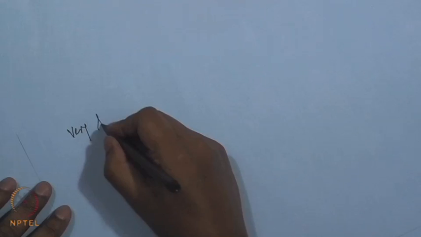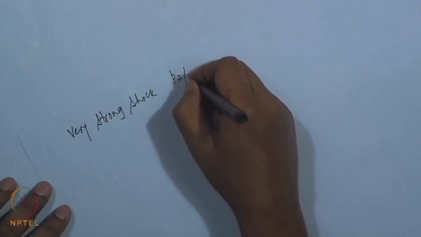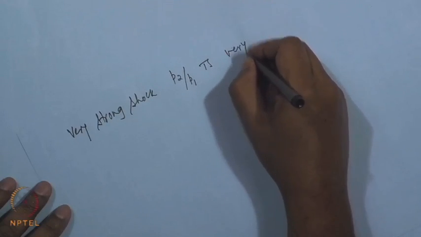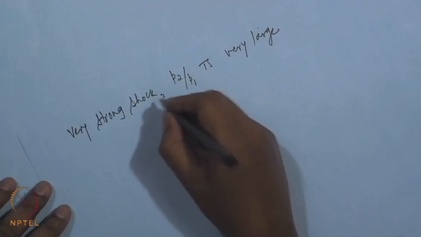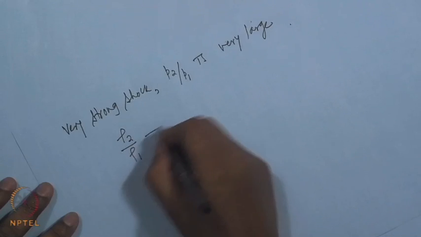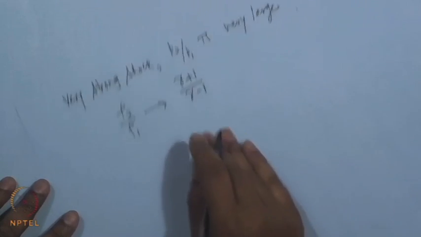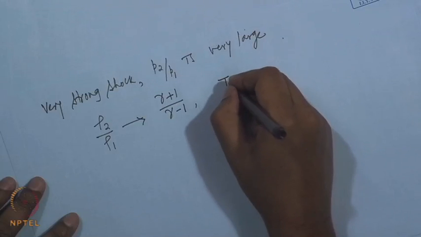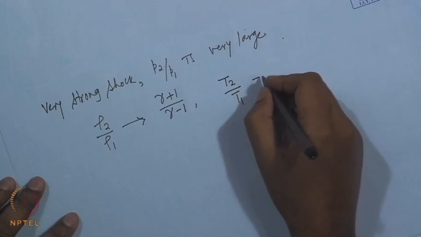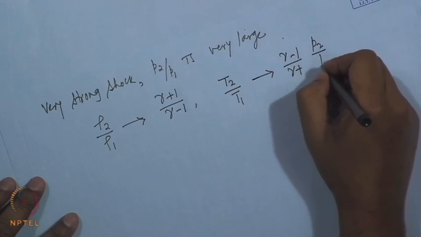For a very strong shock, that is P 2 by P 1 is very large, rho 2 by rho 1 approaches, as before, gamma plus 1 by gamma minus 1, and T 2 by T 1 approaches gamma minus 1 by gamma plus 1 into P 2 by P 1.